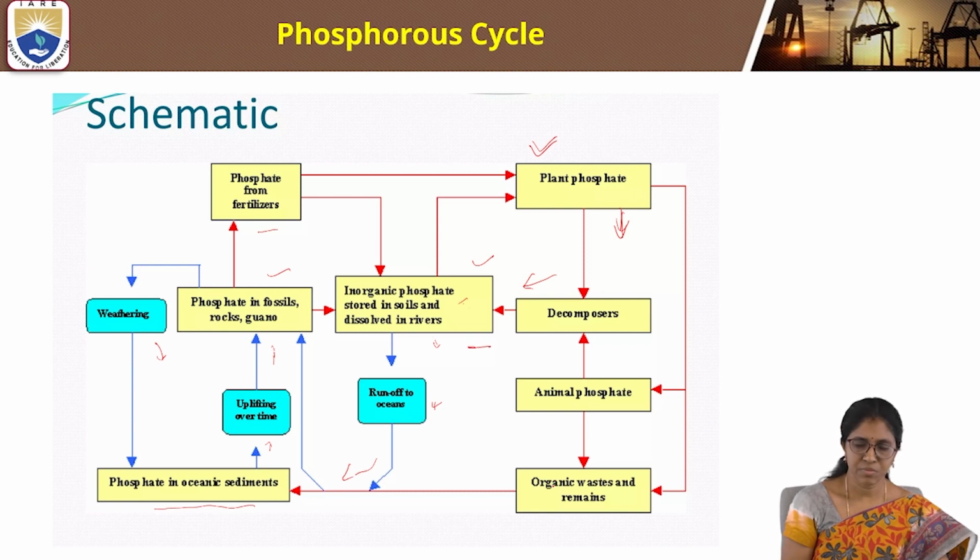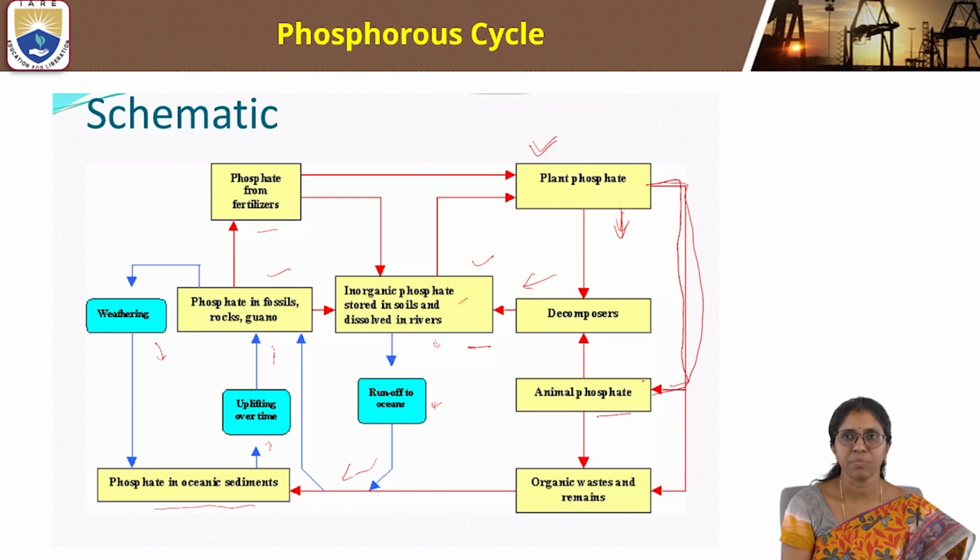If we take organic waste and animal phosphate, animals consume plants and get phosphate from plants.